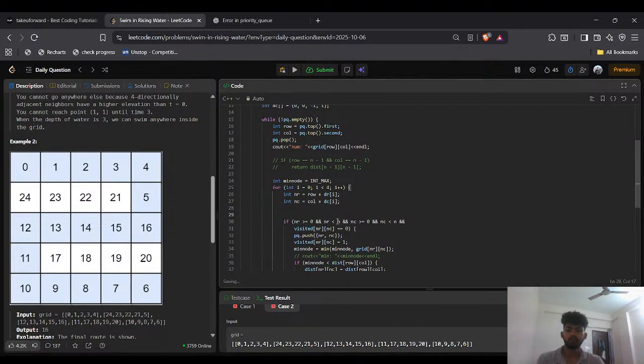The value is more than r and c, and this is okay, this is okay. You can simply write if not visited. Okay, I want to write this here. This is okay.